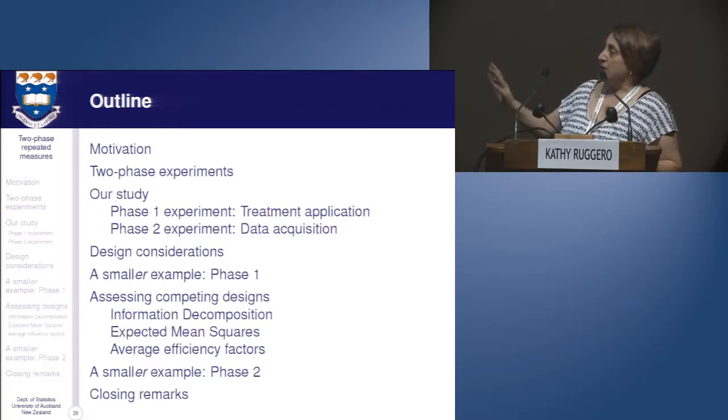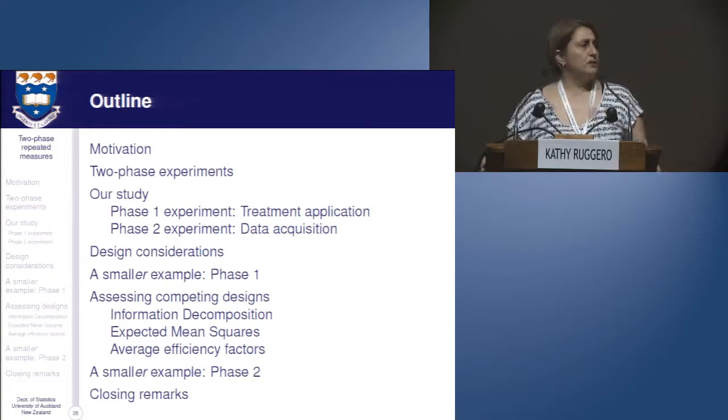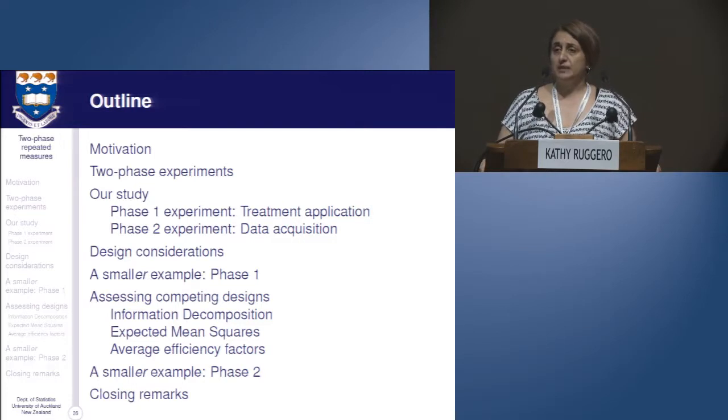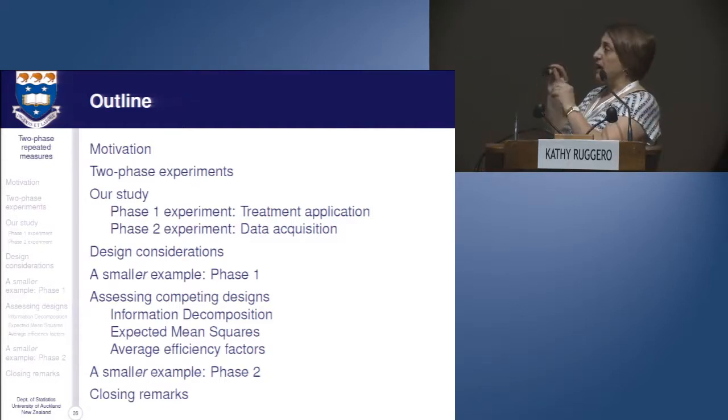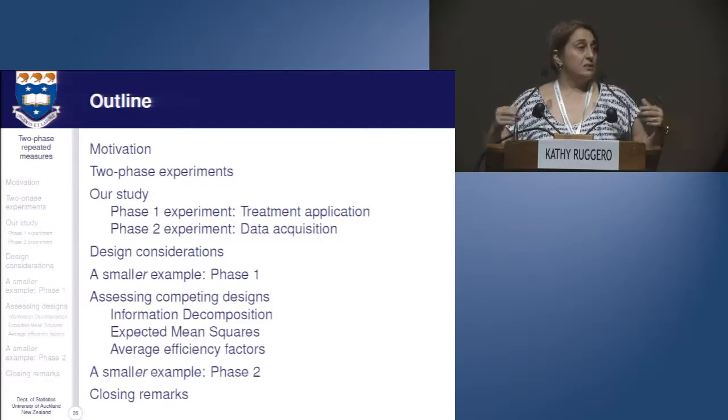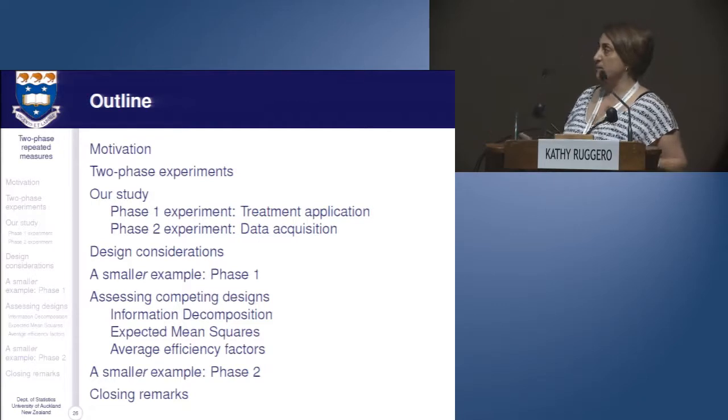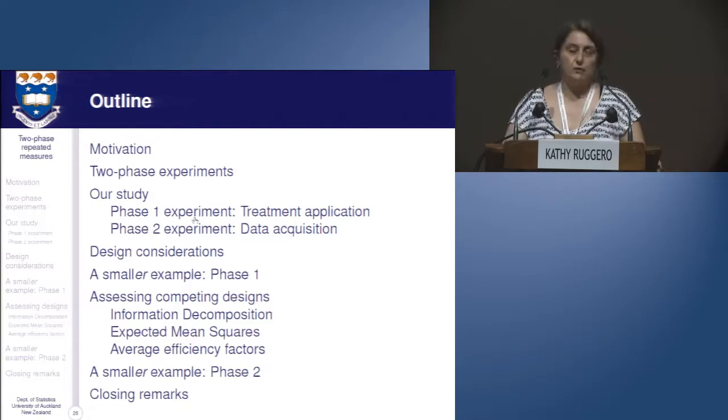I'll do this by looking at the theoretical analysis of variance tables, looking at expected mean squares and average efficiency factors of the main effects and interactions. And then I'll look at how we take that material and assign it to the block structures, or blocks, in the second phase experiment, and I'll then make some final remarks about what I've talked about.